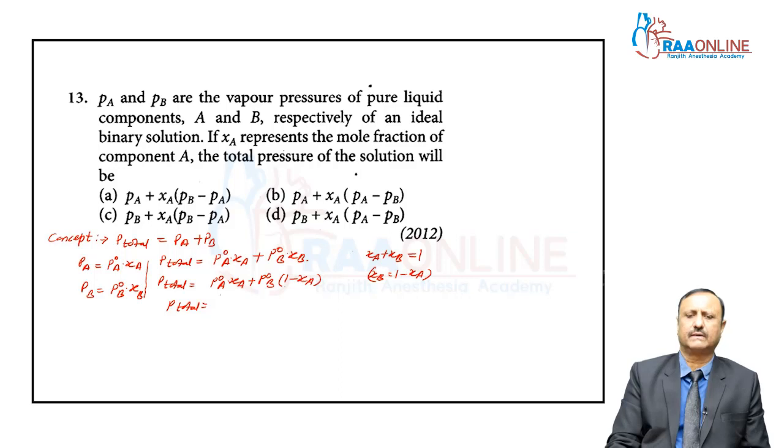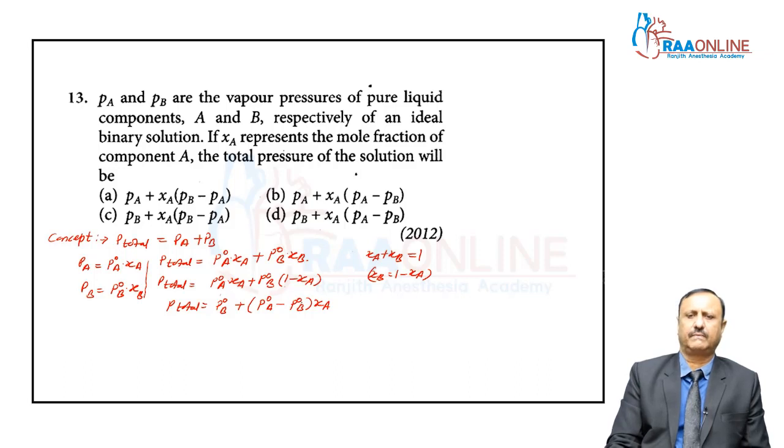So, my dear students, you can write P total is equal to P0B plus P0A minus P0B into XA. Because this XA is multiplied with this P0A, you can get P0A XA.